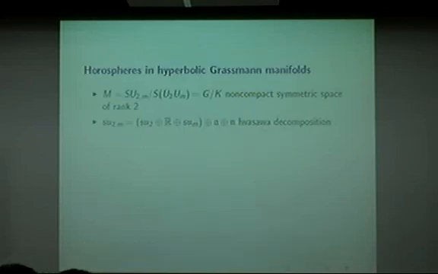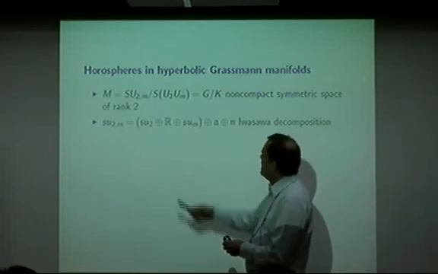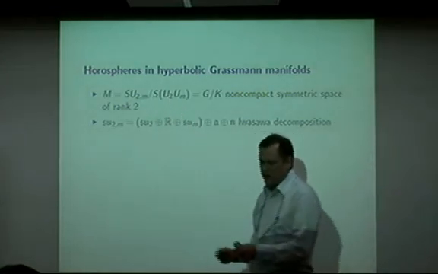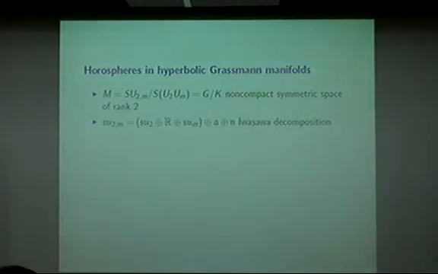Another interesting thing, something I investigated with Professor Su here, is horospheres in hyperbolic Grassmann manifolds. So let's consider the hyperbolic Grassmann manifold of two-planes in C^(m+2) with the standard signature 2 metric.